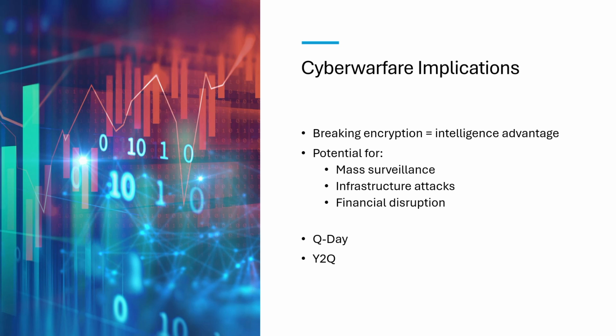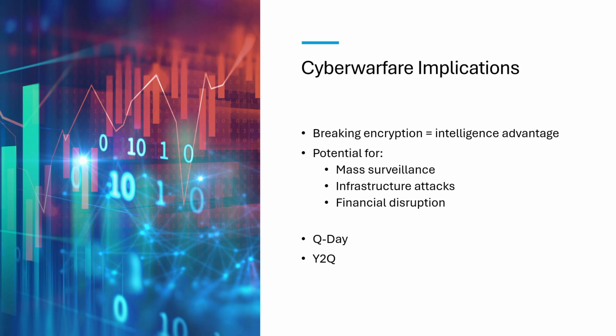That will give the potential for infrastructure attacks and mass surveillance and huge financial disruption if, say, in the crypto market, people's private keys are decrypted. There you go, millions, billions of dollars drained. So that's dangerous.